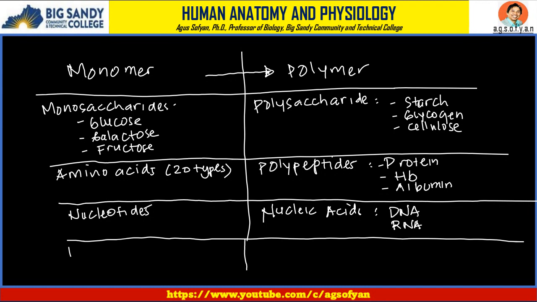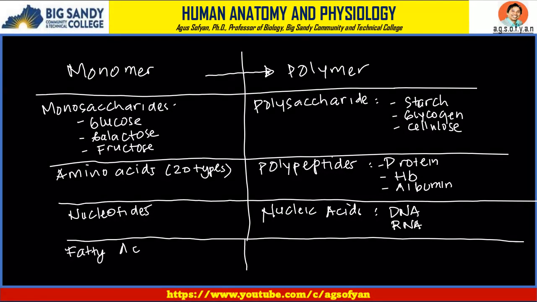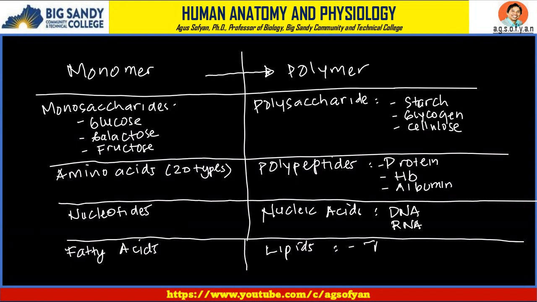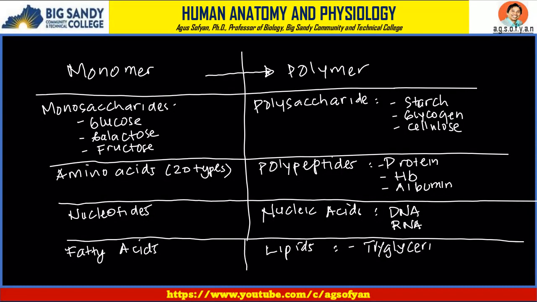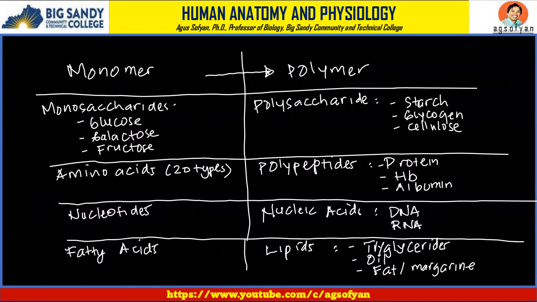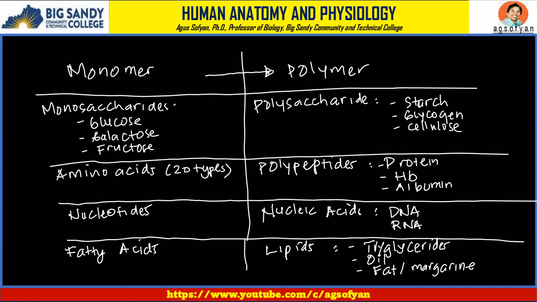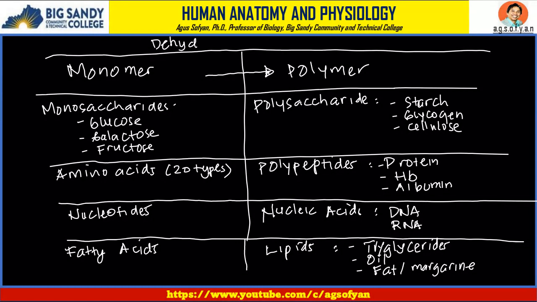If the monomer is fatty acid, right? Then the polymer is lipids, like triglyceride, oil, okay, cooking oil, fat, margarine, etc. So these are the formation of polymer, and the reaction that makes this polymer is called dehydration synthesis.